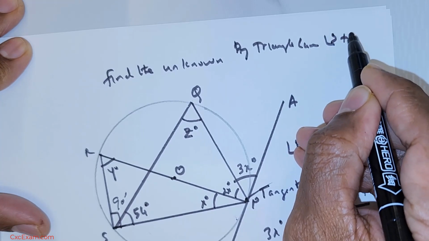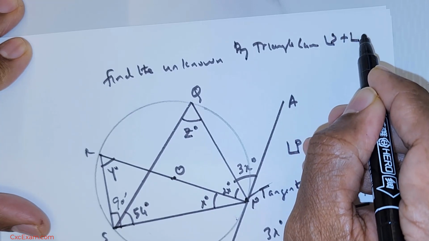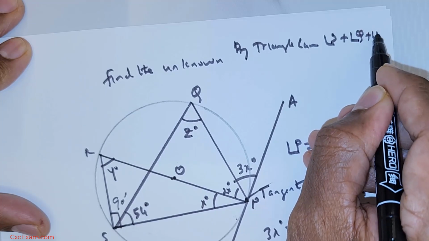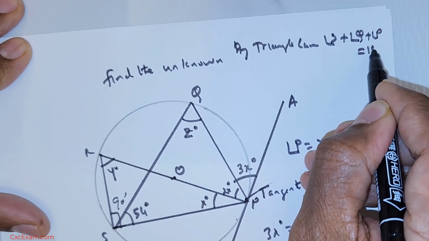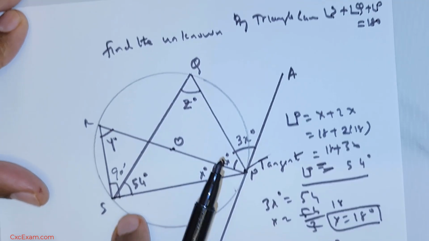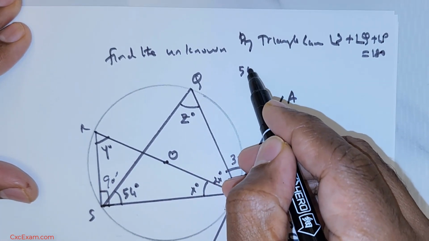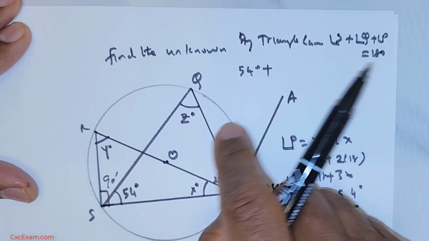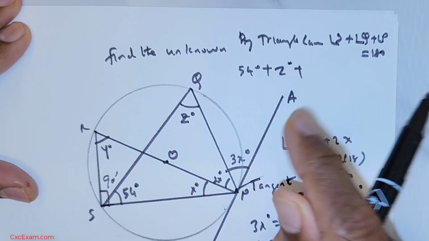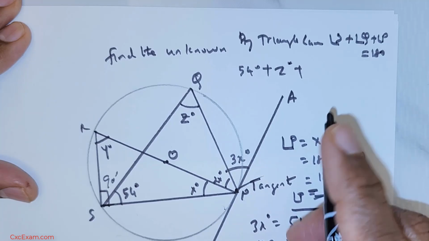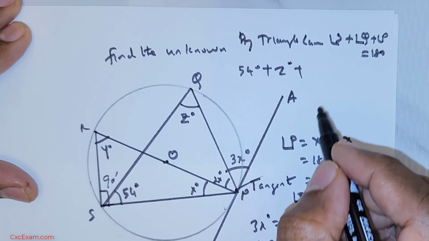angle at S plus angle at Q plus angle at P is equal to 180. Angle at S is 54 degrees, right? So 54 degrees plus angle at Q is z degrees plus angle at P is also 54 degrees.